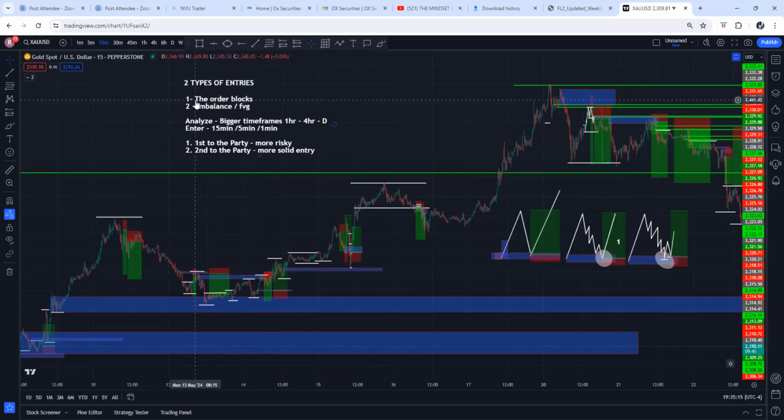Number one, entry model one, where you enter from the order blocks. And then entry model two, you enter from the imbalance, also known as fair value gaps, FVG. Those are the two types of entries.